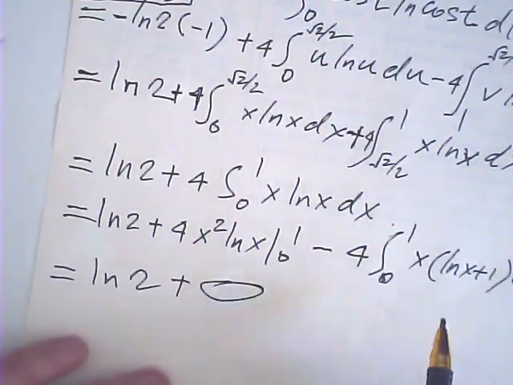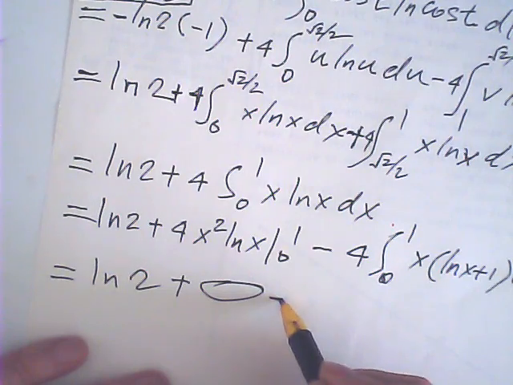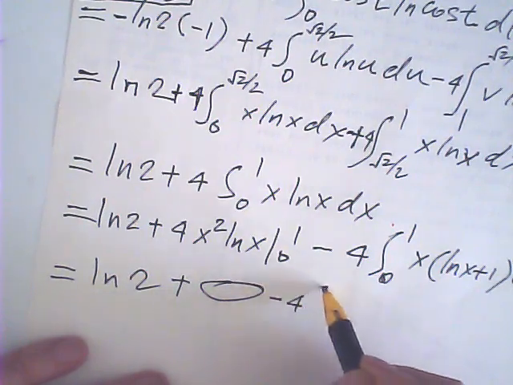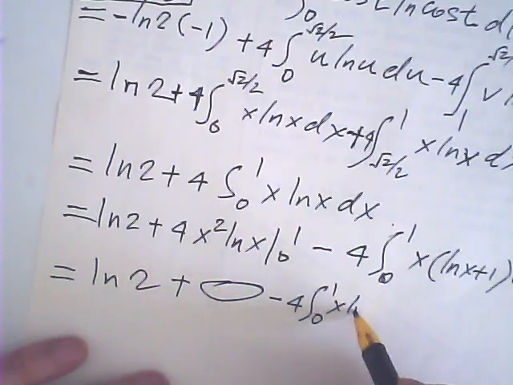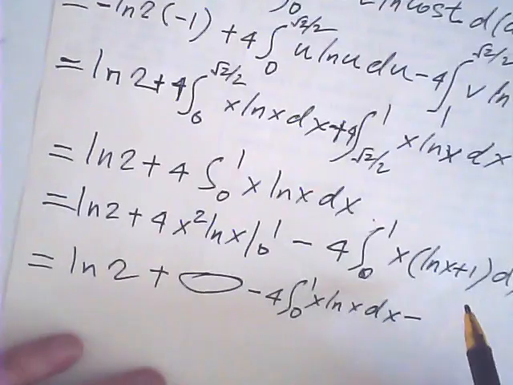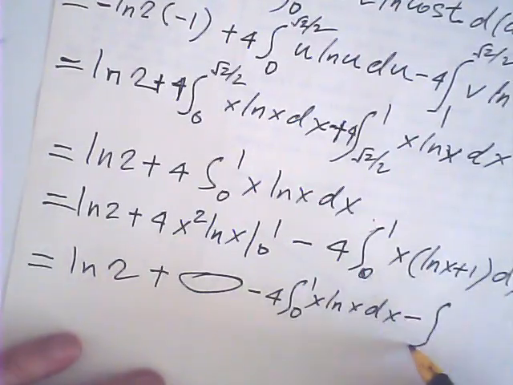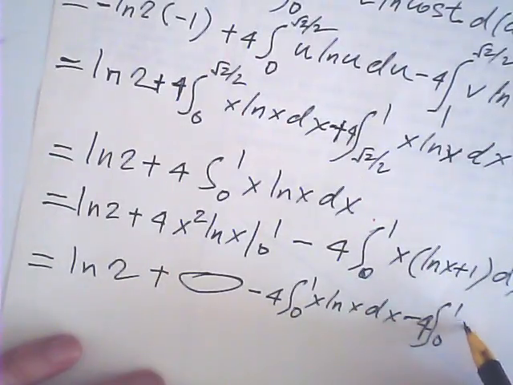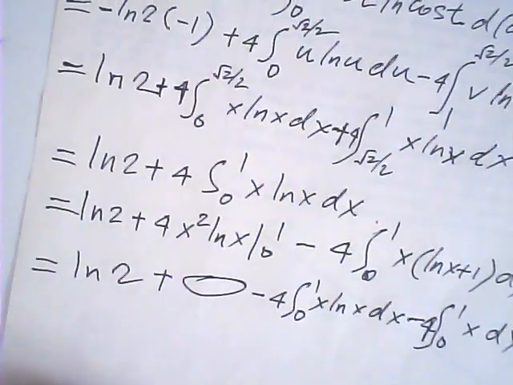Now for this one it is minus 4, 0 to 1 x log x dx minus the integral of 4, right? I always forget 4. 4 from 0 to 1 x dx.